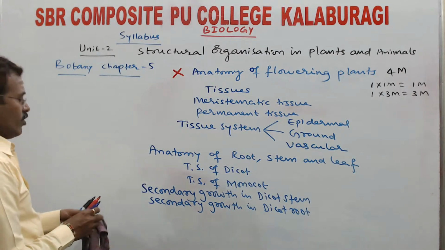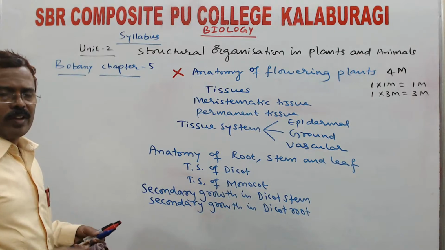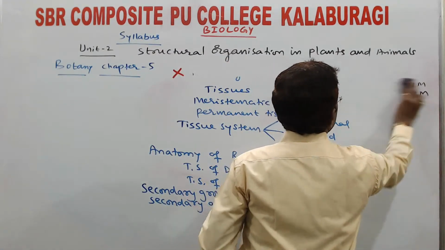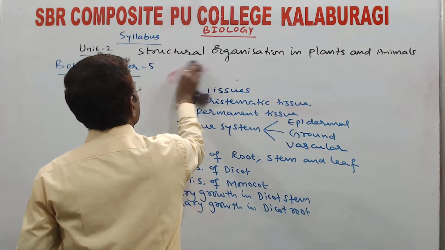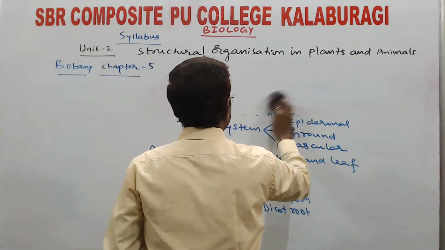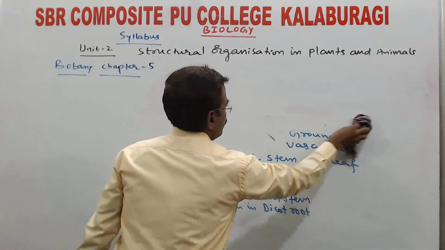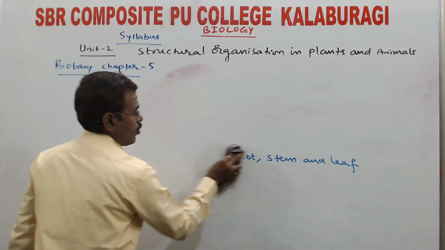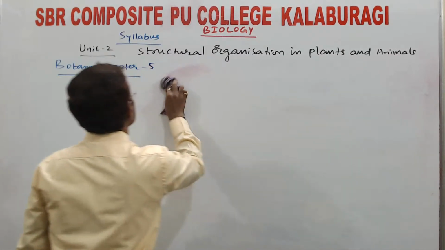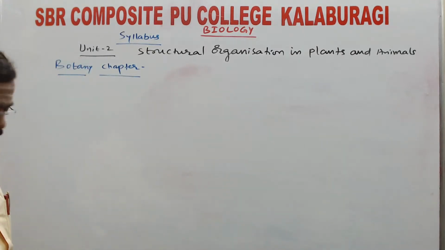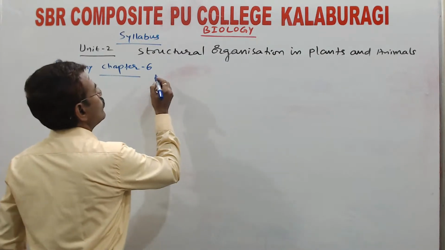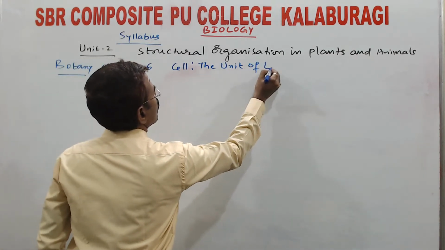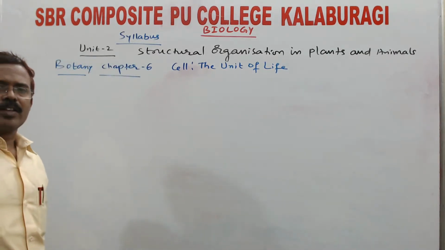Moving on to the next chapter, chapter number 6, which we will cover in botany, that is the cell, the unit of life. Chapter number 6, cell, the unit of life.